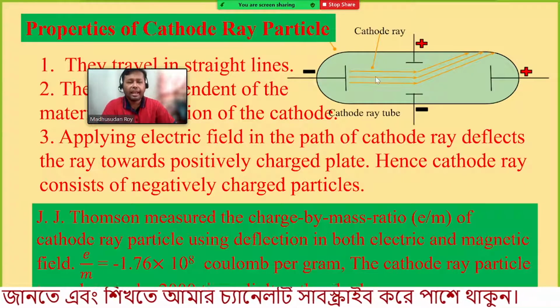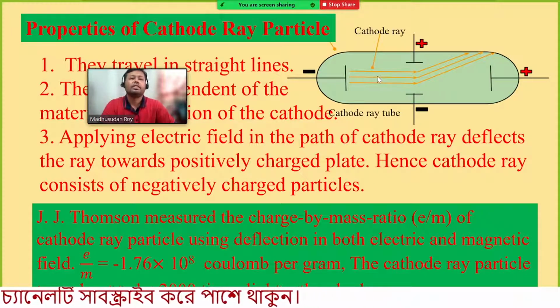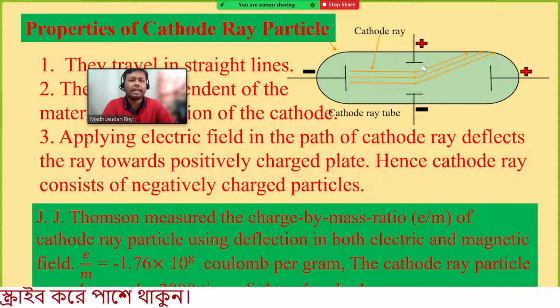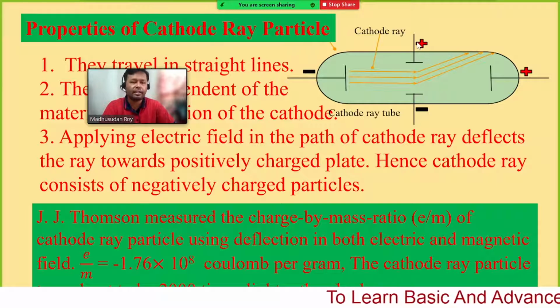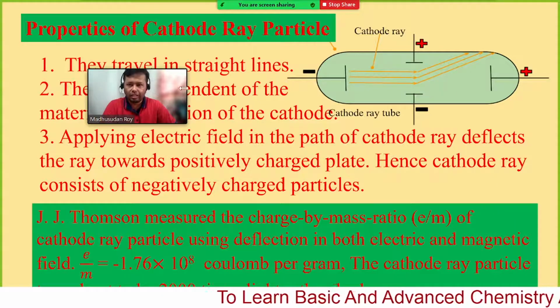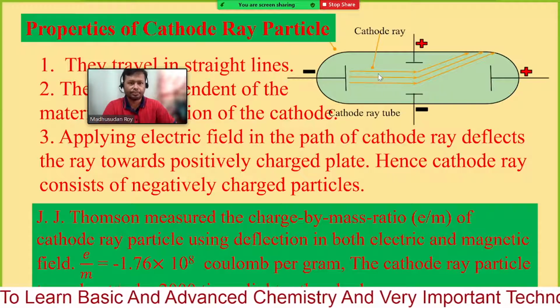But as the cathode ray is negatively charged, it is attracted by the positive voltage, therefore it bends this way, going far away from the negative voltage. Therefore from this experiment and observation, J.J. Thomson confirmed that the cathode ray is negatively charged.